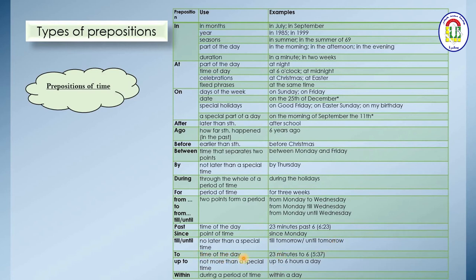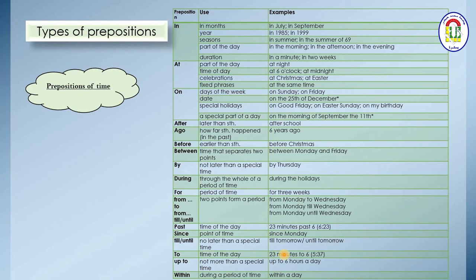To: time of the day. 23 minutes to 6. So it is the same. Past is used normally for the first half hour. Okay, the first half hour, for example, from 1 till 30. It means from 1 minute till 30 minutes, we normally say past.